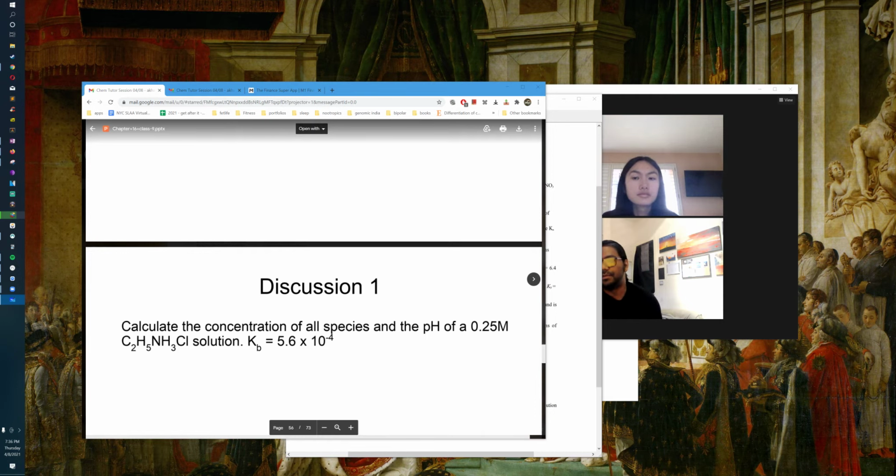So we just have to solve for that. It'll be like x squared and then the square root of that. So Ka is equal to the same thing, x squared over 0.4 is equal to Ka, which is 7.2 E negative 4.